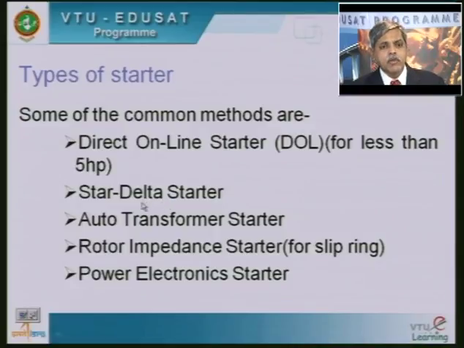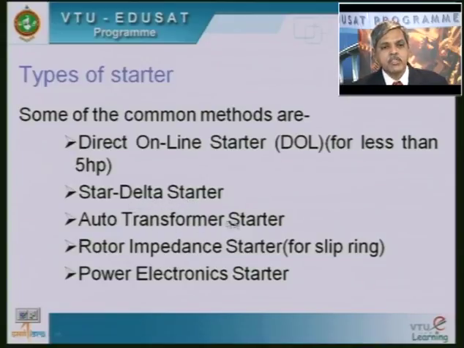Now remember when we did the 3-phase connections, that is star delta connection, I told you about the relationship between the line voltage and the phase voltage in the star connection and the relationship between the line voltage and the phase voltage in the delta connection. Those relationships are used here in starting the induction motor.